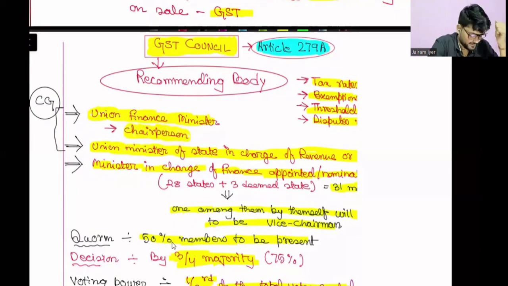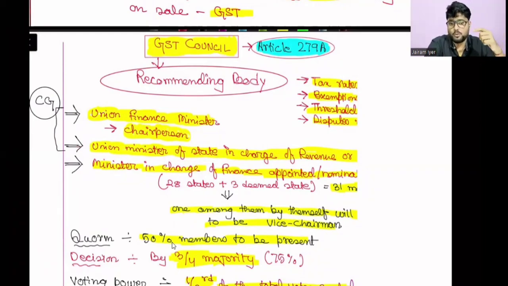After that, the Union Minister of State in charge of Revenue, and the Minister in charge of Finance, appointed or nominated. So what are they saying? First will be the Union Finance Minister of India. After that, the Union Minister of State in charge of Revenue.